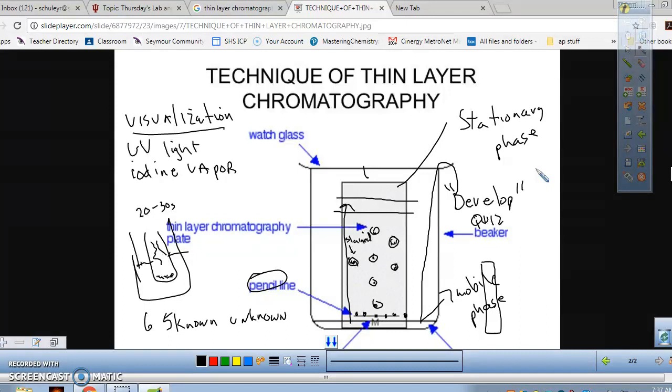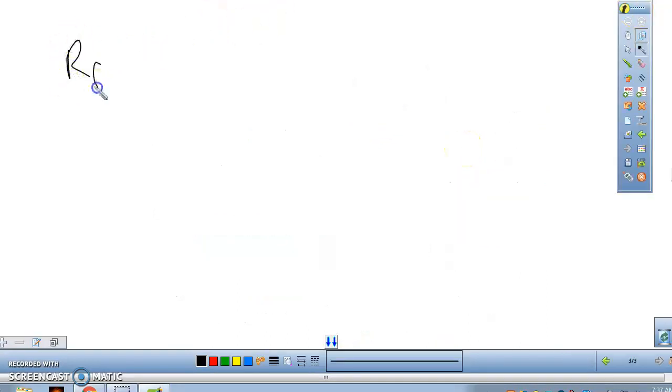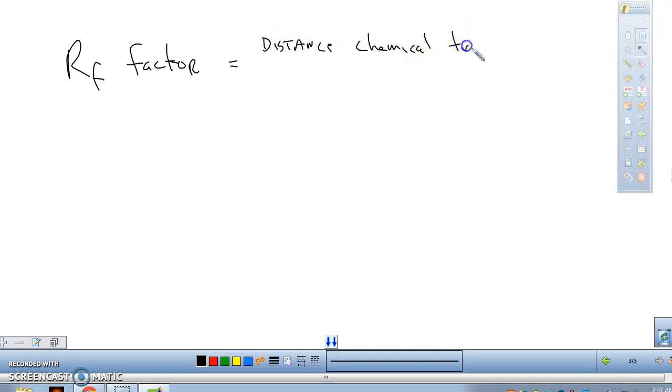But there's going to be some calculations you're going to have to do, and those calculations are going to involve what's called the RF factor. And in essence, the RF factor is the distance that a particular chemical travels up the paper divided by the distance that the solvent moves.